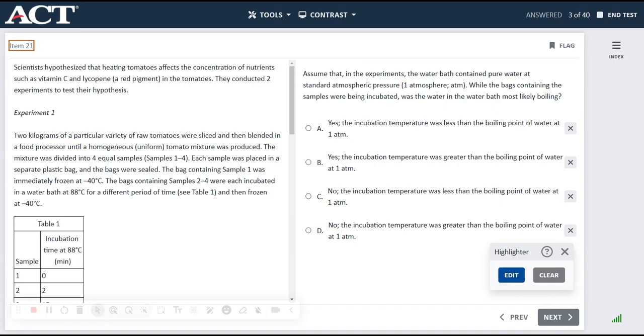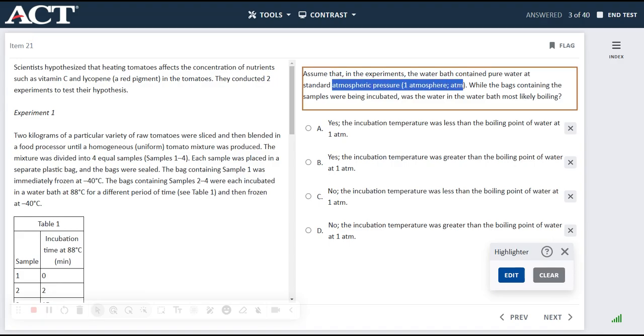21. Assume that in the experiments, the water bath contained pure water at standard atmospheric pressure. So 1 atmospheric pressure. So you're not changing the elevation, right? You're not boiling the liquid in Colorado. While the bags containing the samples were being incubated, was the water bath boiling? Okay, so this is a knowledge question. It's in Celsius.